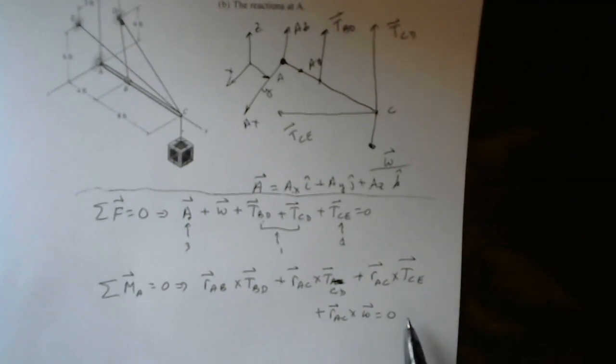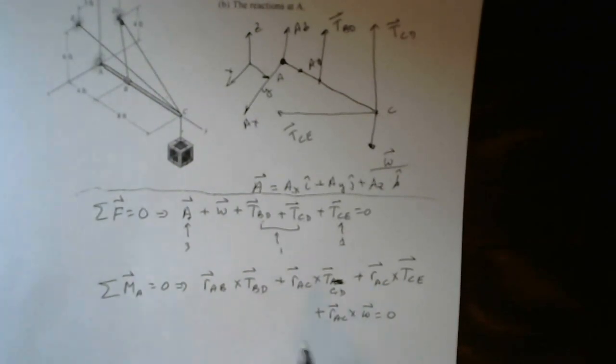And then I have TCE. So this is what I've got. So there's one unknown, TBD, TCD, and TCE. But again, the magnitudes of TBD and TCD are the same.